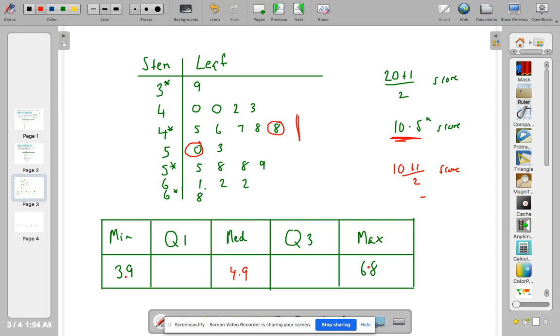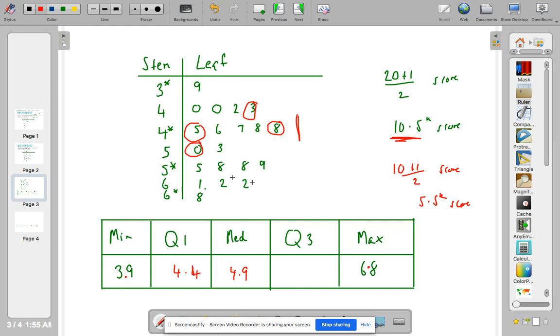That's going to be the 5.5 score, halfway between the 5th and the 6th. 1, 2, 3, 4, 5. The 5th score is 4.3. The sixth score is 4.5. So my lower quartile is halfway between, 4.4.